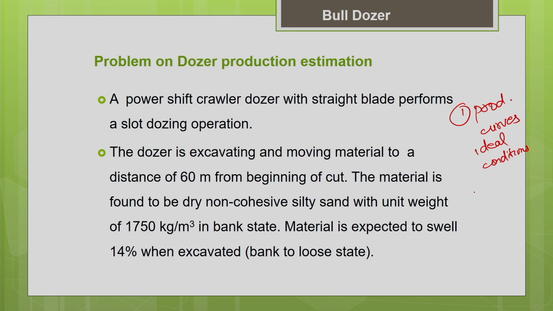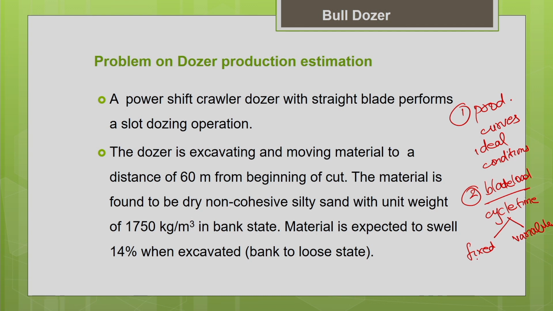That is one way. The other method we learnt is that we need to estimate the blade load. We need to know the blade capacity and then we need to determine the cycle time. How do we determine the cycle time? You need to know the distance, and all the parts of the cycle time, say your fixed cycle time and the variable cycle time.